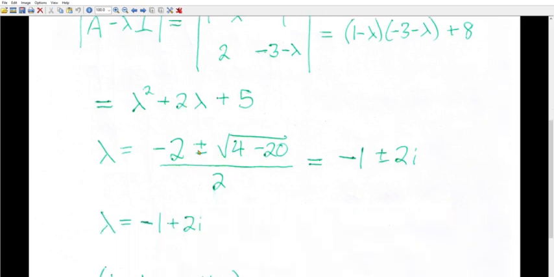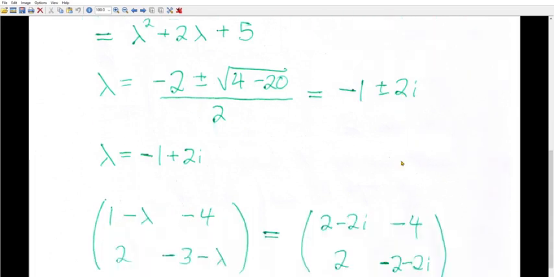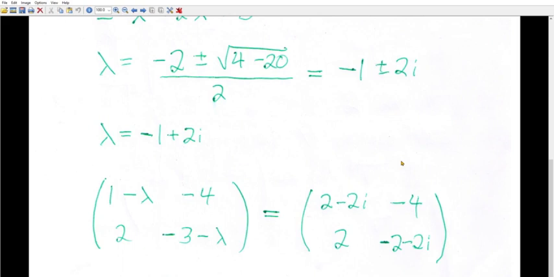The quadratic formula gives us -2 plus or minus the square root of 4 minus 20, over 2. That's going to be the square root of -16, which is 4i. You divide everything by 2 and you get -1 plus or minus 2i. So all we need to do here, based on what we've seen before, is worry about one of the eigenvalues, and we're going to look at -1 plus 2i.